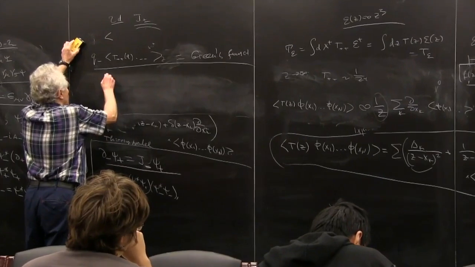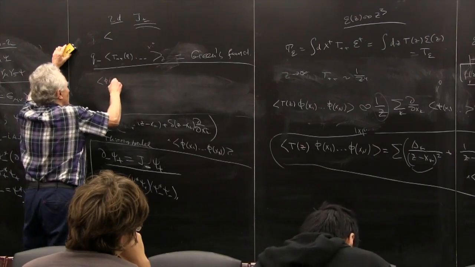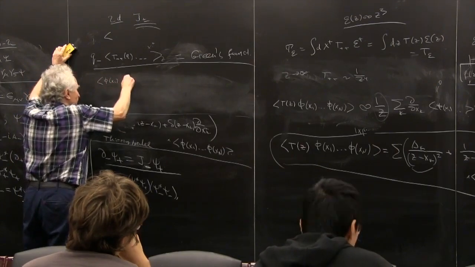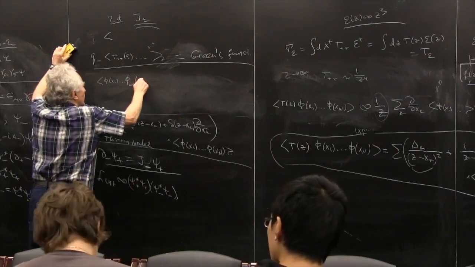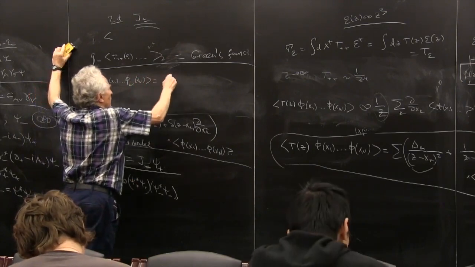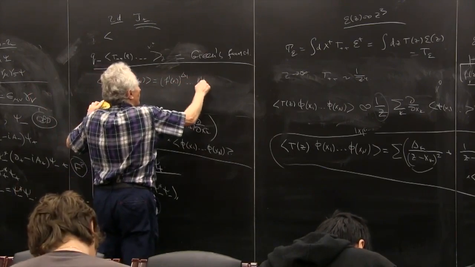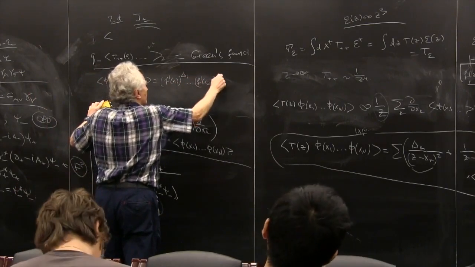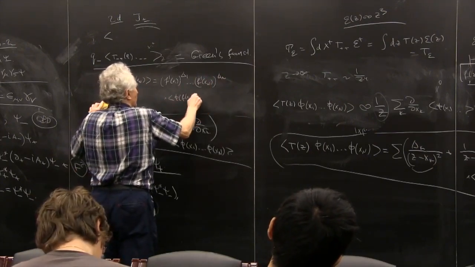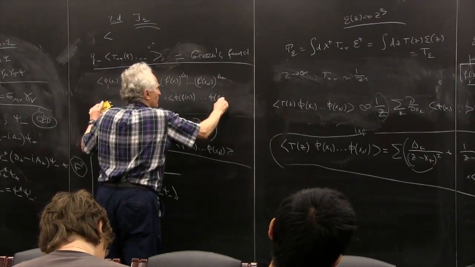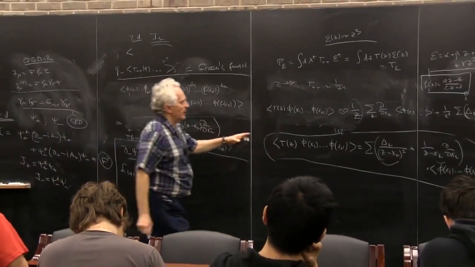So far we exploited the following equation: phi of x1 through xn is f prime of x1 and so on.